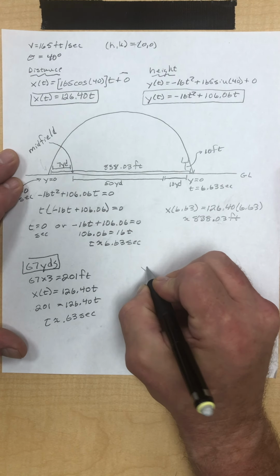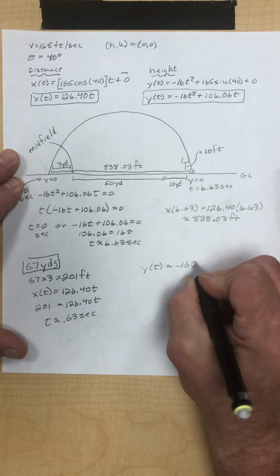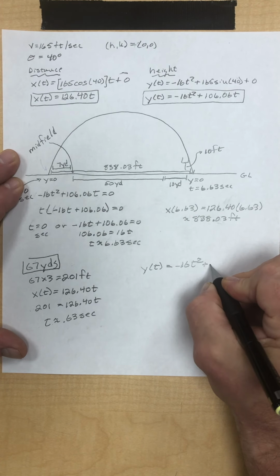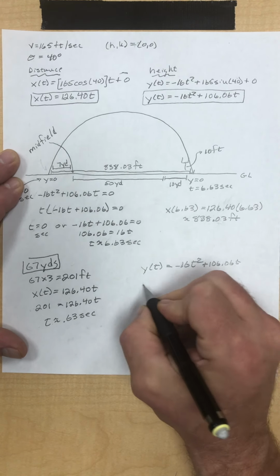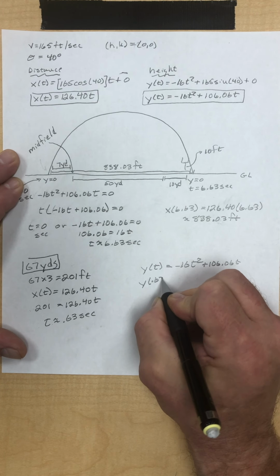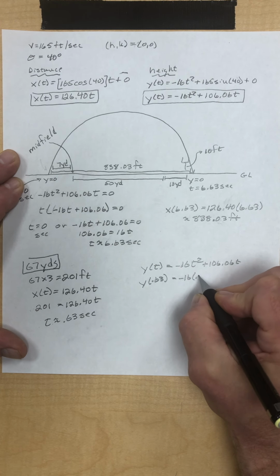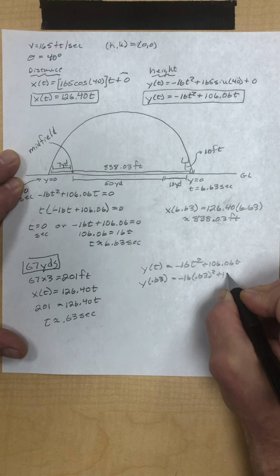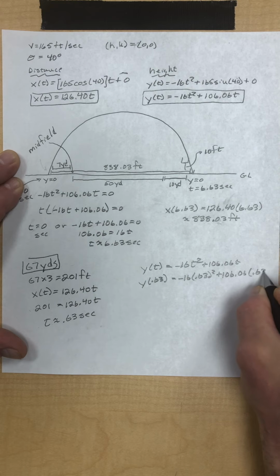So we have to take our y of t equals negative 16t squared plus 106.06 t, and we've got to figure out, well, what's the height at 0.63 seconds? So negative 16 times 0.63 squared plus 106.06 times 0.63.